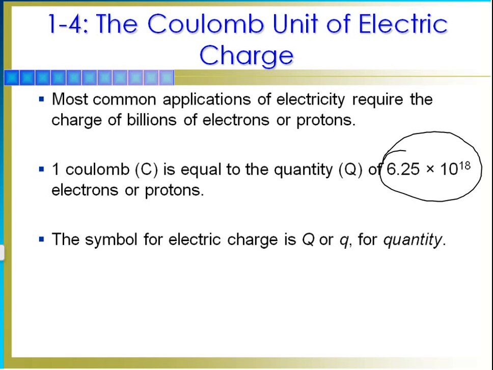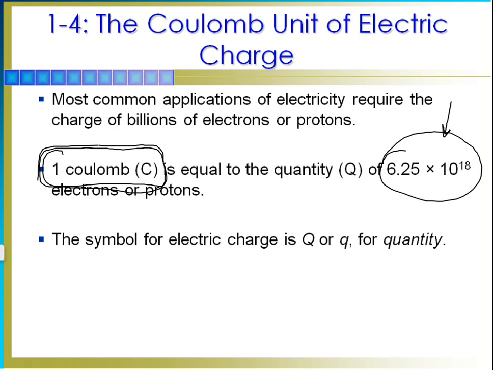All right, so a charge is measured in coulombs, named after Charles Coulomb, which is a great bit you can read in your book. So 1 coulomb of charge is equal to, as I said, 6.25 times 10 to the 18th power.